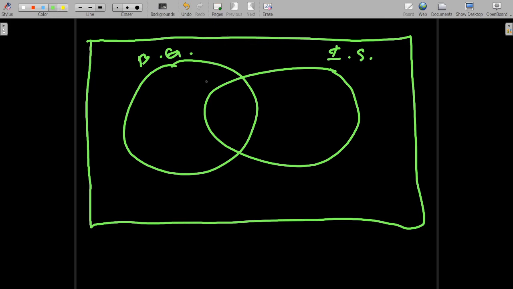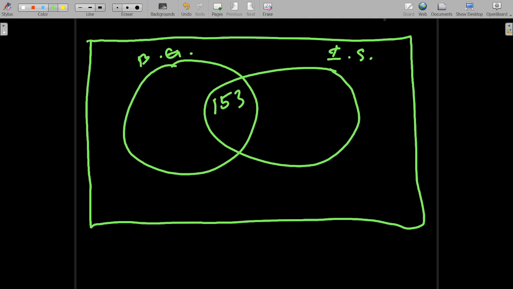According to the problem, there were 153 households watching both shows. So we put 153 here because 153 is the intersection of the two sets.